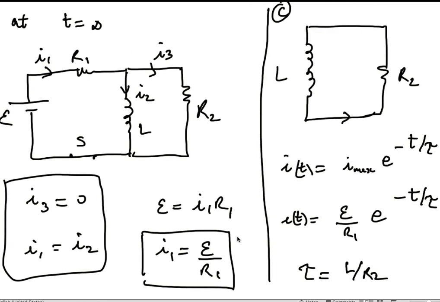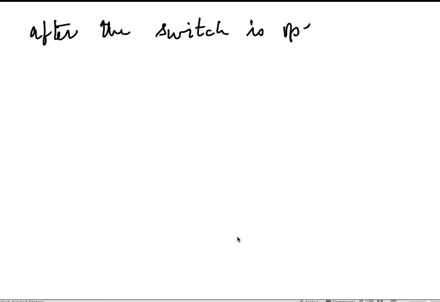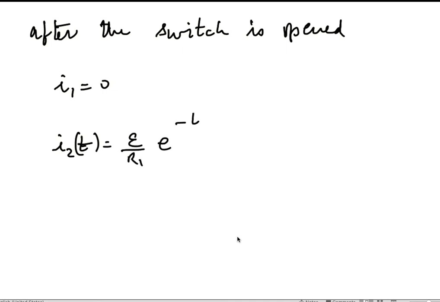So the three currents after the switch is open: I1 is 0, I2 at time t equal to E over R1 times e to the power of minus t times R2 over L, and I3 is minus I2.